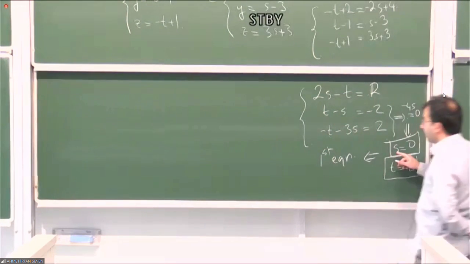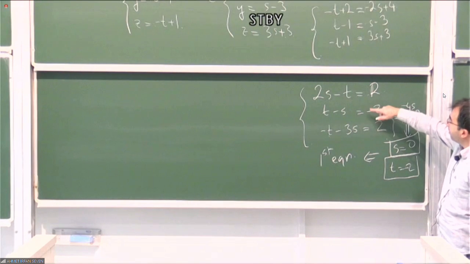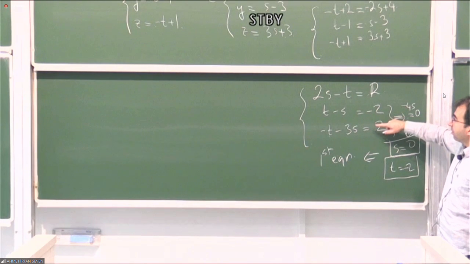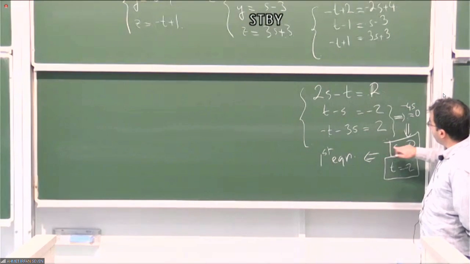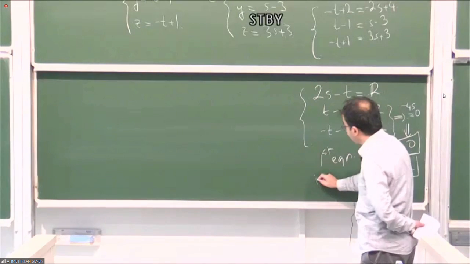So you see, we got these two values from the last two equations. But we should also check what happens with the first equation, right? When we put s equals 0 and t equals minus 2, the first equation is also satisfied.